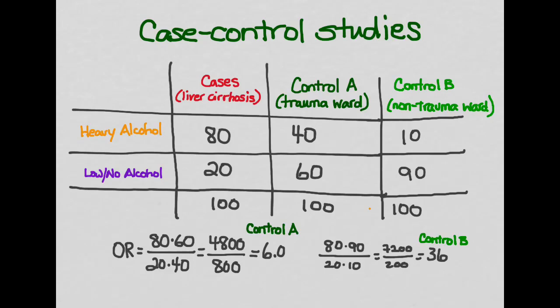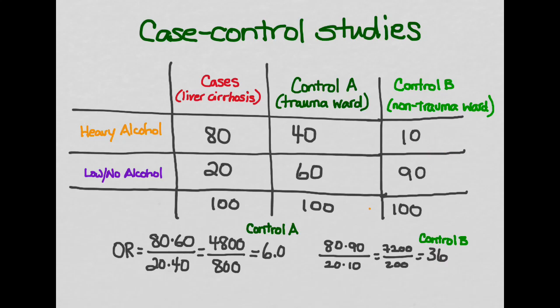When we calculate the odds ratio, as we do down here, and compare the cases to control group B, which is people from the non-trauma ward, you get a much higher odds ratio of 36.